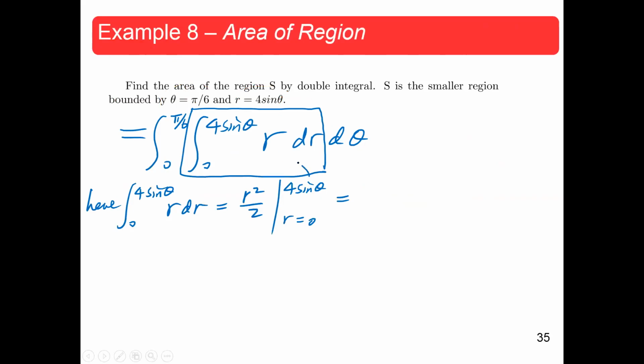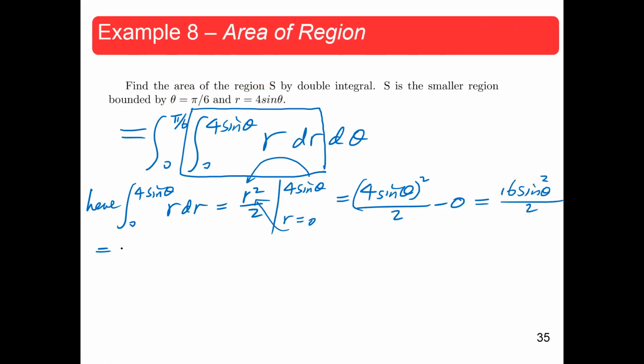Okay, let's plug this in for radius. So we have 4 sine theta squared over 2 minus 0, which is going to be 16 sine theta squared divided by 2. That's 8 sine theta squared.